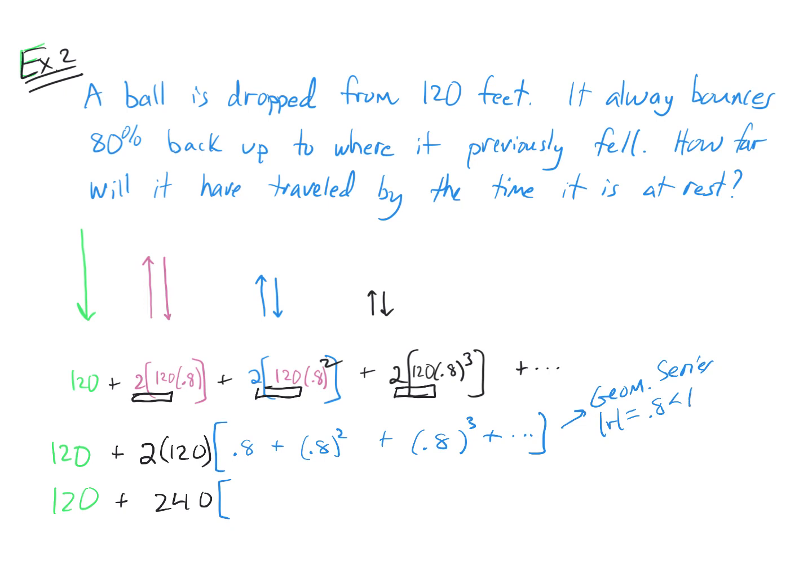So it converges to the first term, you can see it right there in blue, over 1 minus the common ratio. And there it is. Total distance this ball traveled is 120 plus 240 times 8/10 divided by 1 minus 0.8, which is 0.2 or 2/10.